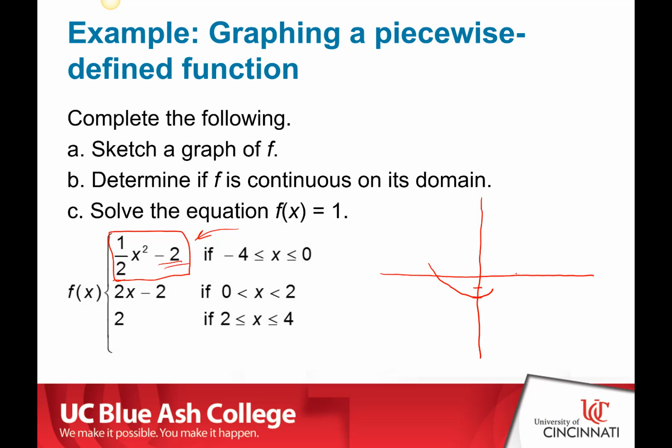How far can we go with that particular parabola? Where do we stop? Or do we just keep going? Do we just draw it like that? Well, if you take a look here, we start at -4, and where do we stop? At 0.